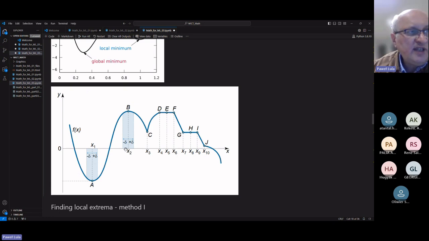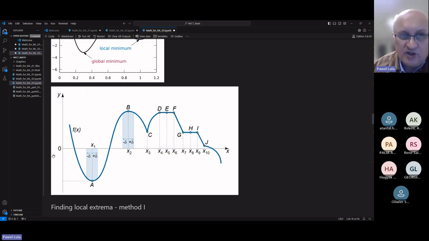This neighborhood is here, and for all values which we have in this neighborhood, this b value is the biggest. So it is a local maximum, but I'm not sure if it is a global maximum of this function, because maybe we have greater values for this function. For example, here on the right side of this chart, or on the left side.